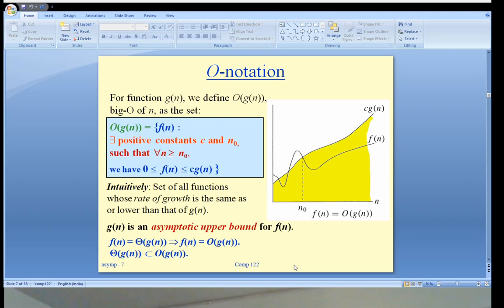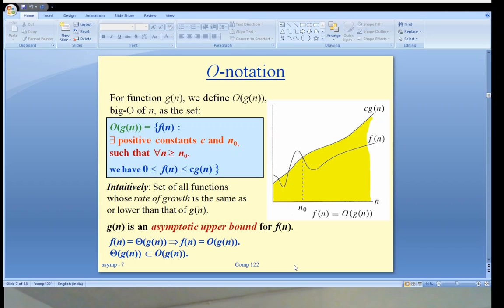So theta gn is a subset of O gn, we can say, because theta lies very close to the function, but big O notation is a little bit off limit, a little far from the function. So that is called the upper bound function.